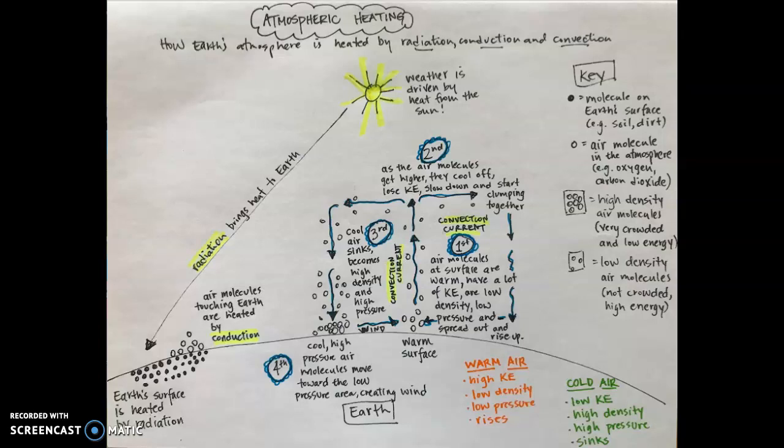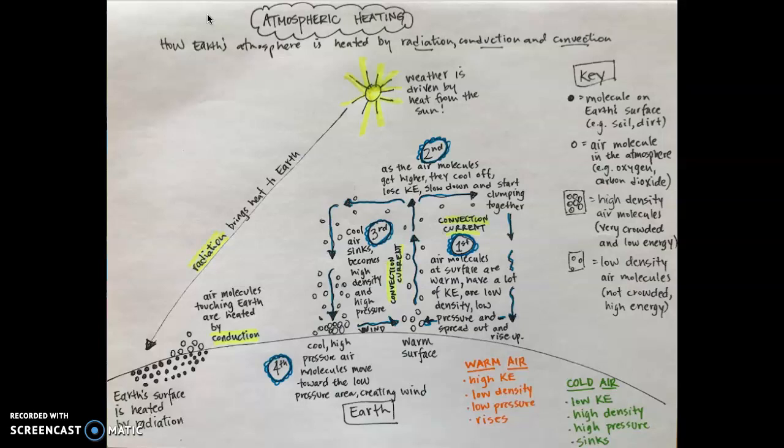Now a quick way to understand density is to just think of how crowded they are. So I also put that over in the key. So high density air molecules just means that the air molecules are very crowded together. So they're not going to have very much energy, not very much kinetic energy. They're going to clump together and be crowded.